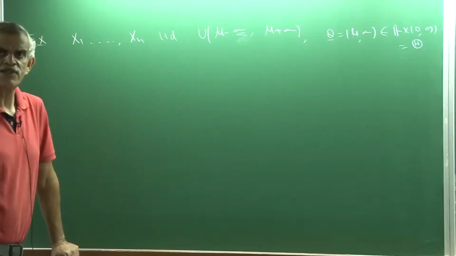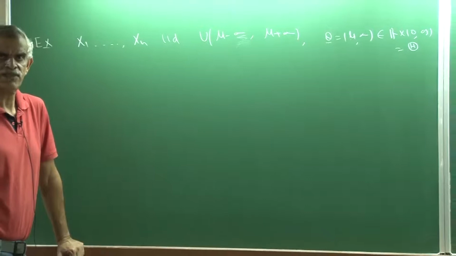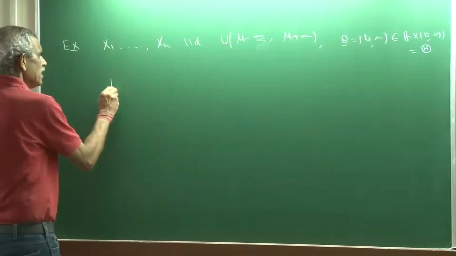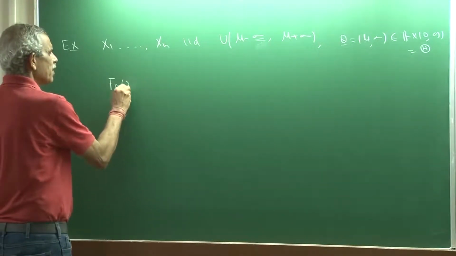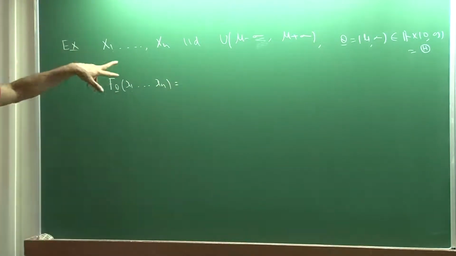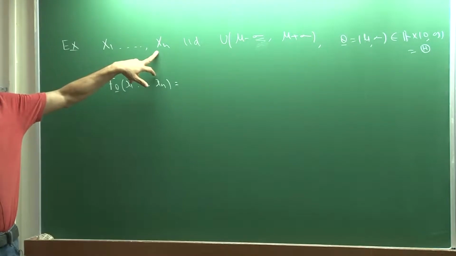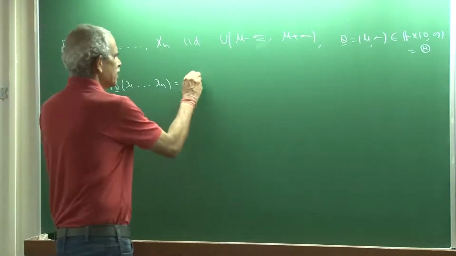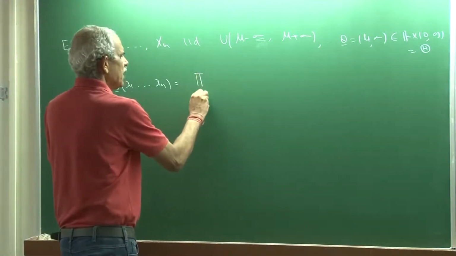So I need to look at what is my f theta of x1, x2, xn. Because it is independent, it will be a product of distribution functions of x1, x2, xn. So let me write this as product i equal to 1 to n.